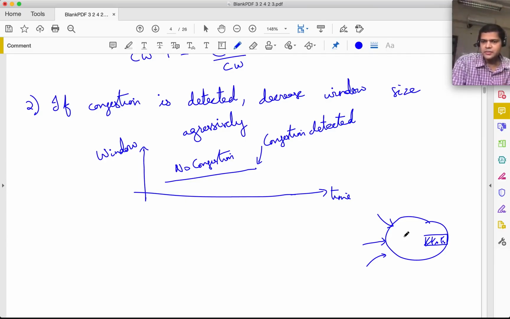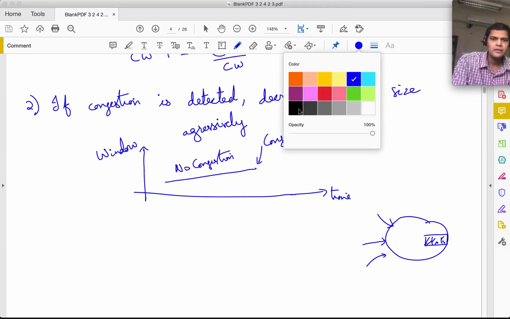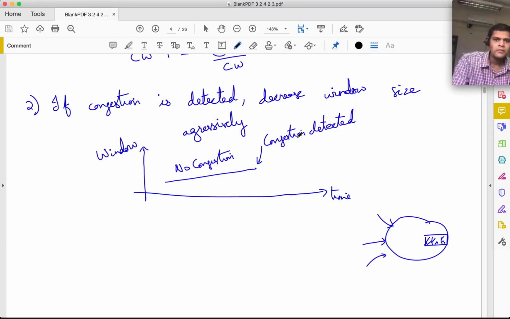So using ideas from control theory, a subject where you look at stability of systems when you have a control system with feedback loops, and using the ideas that the researchers had at that time in the 80s, they said let's be aggressive. So when we detect congestion, we don't additively decrease, but we are more aggressive.